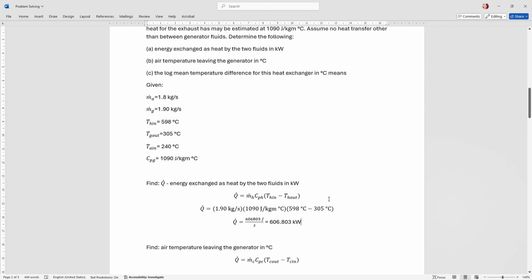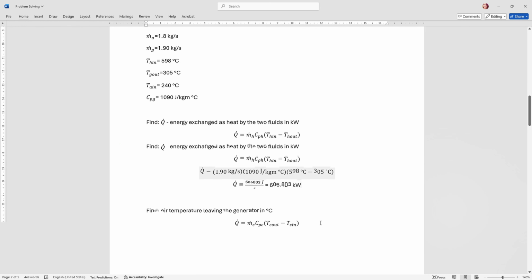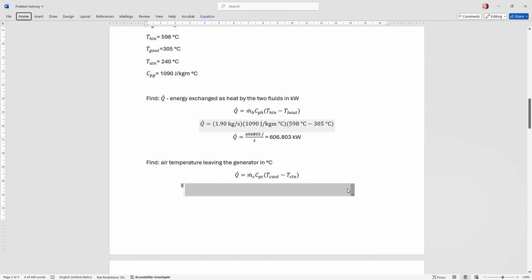And ang pangalawang hinahanap is yung air temperature leaving the generator in terms of degrees Celsius. So, ito yung gagamitin formula. Parang MCP lang din. MCP delta T. Since meron na tayong heat, meron tayong Q, pwede natin makuha ang temperature ng air.